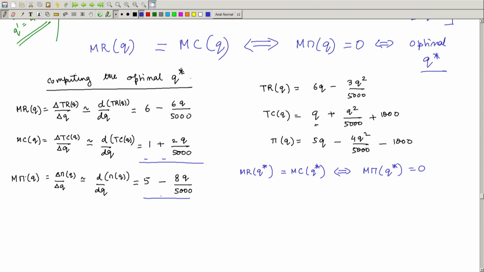Since we have already computed the marginal profit, that implies that 5 minus 8q star by 5000 is equal to 0, which then implies that q star equals 25,000 divided by 8. If we do the arithmetic, we will find that the optimal q star is 3125.